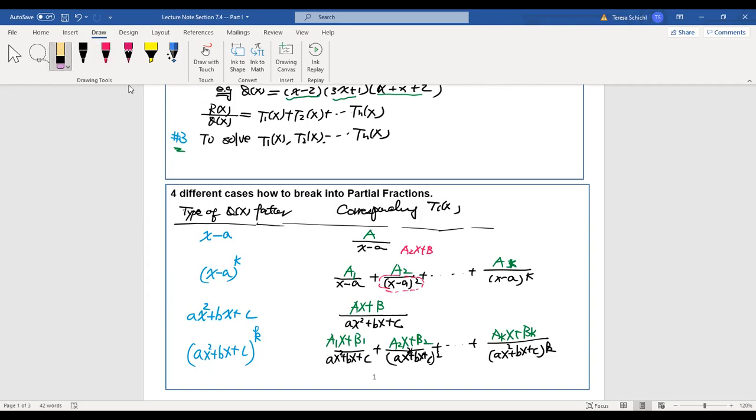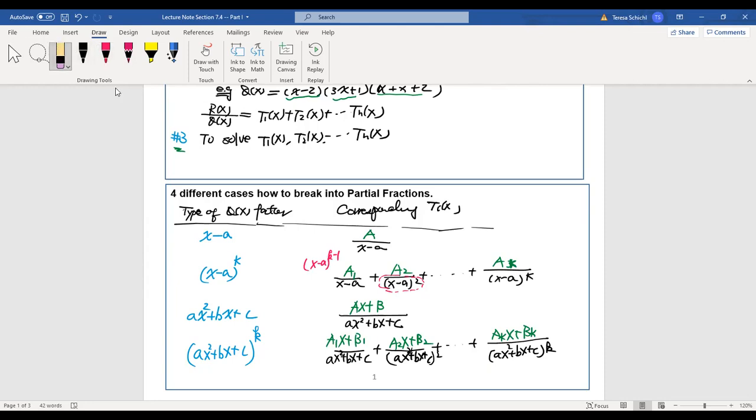The reason is that when you add all those fractions with the common denominator, for the x minus a to the k-th power, you will have the k minus 1 power from, for example, the first term.